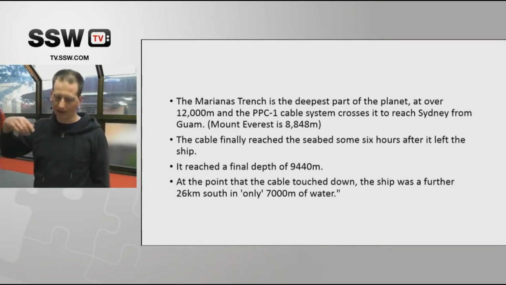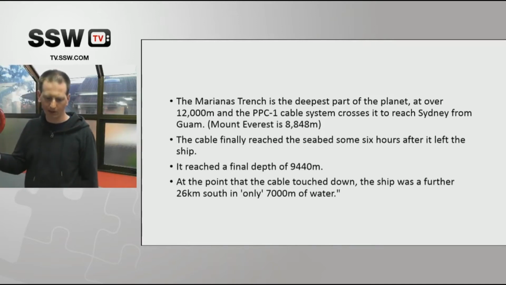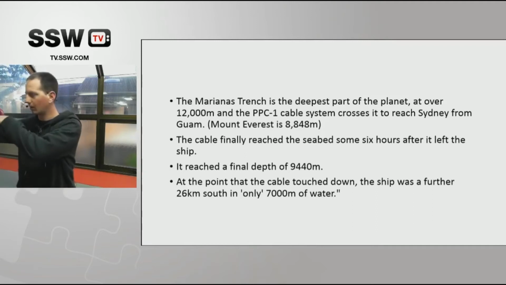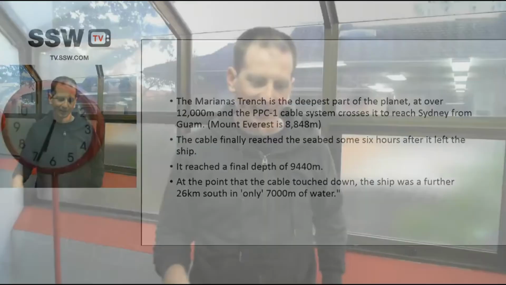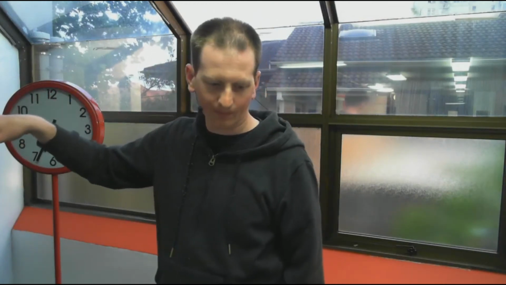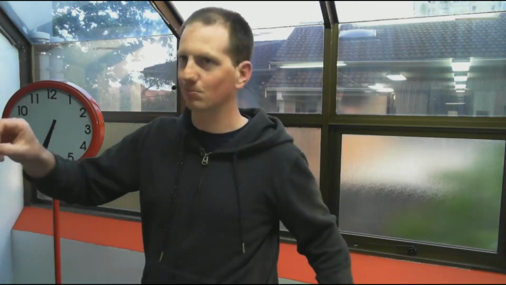They've got all this mathematics and calculations, which Kelvin helped pioneer, about how fast they have to lay out the cable to make sure it falls at the right speed. It was 26 kilometres beyond the trench, in 7,000 metres of water, when the cable reached 9,000 metres behind it. So the cable from Sydney to Guam goes 9,000 metres under the ocean, and it took 6 hours to fall that distance.